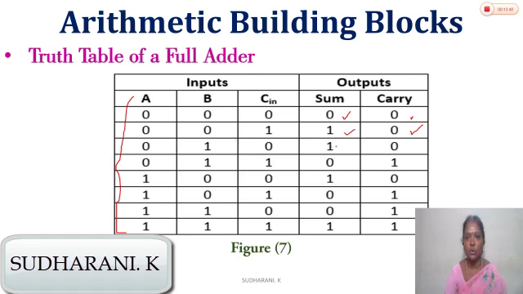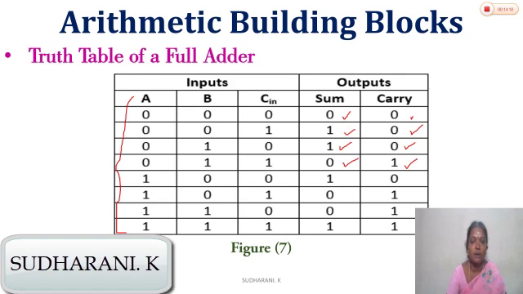When A is 0, B is 1 and C in is also a 0, then also there is only 1 in the input, so sum will be 1 and carry will be 0. If A is a 0 and both B and C in are 1, then there are 2 ones in the input, so sum will be 0 with a carry of 1.